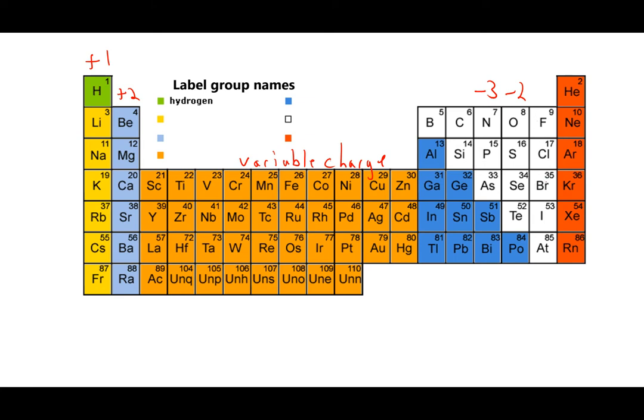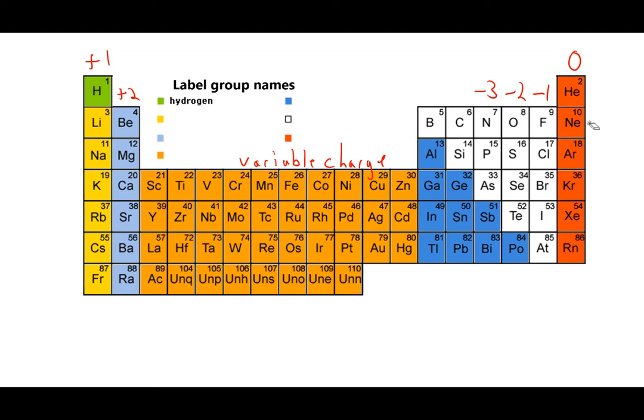Fluorine, chlorine, bromine, and iodine, these tend to form a charge of -1. They tend to gain an electron to form 8. That's what we saw earlier. And this group right here tends to have a charge of 0.